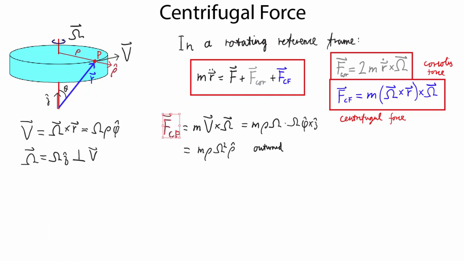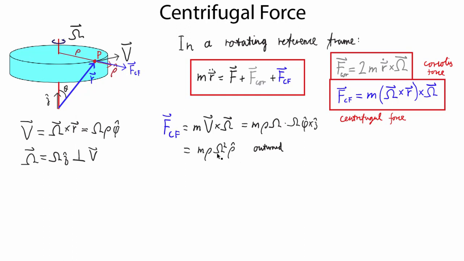So if we use the color blue to code it, then it's pointing in the outward direction, away from the axis. Okay, so F centrifugal points outward. That's not so surprising. Centrifugal means center fleeing.